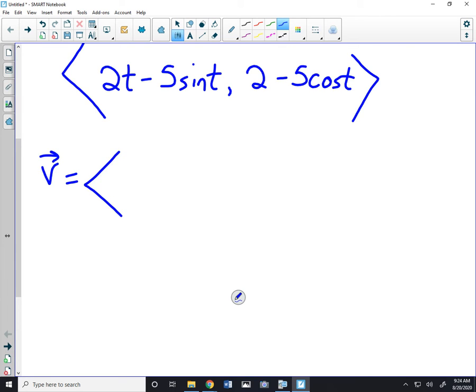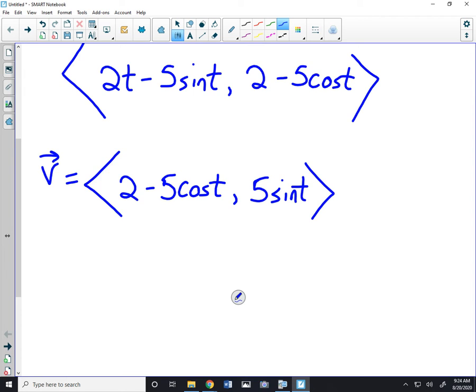So the derivative of the x equation is going to be 2 minus 5 cosine t. And the derivative of the y position function is going to be positive 5 sine t.